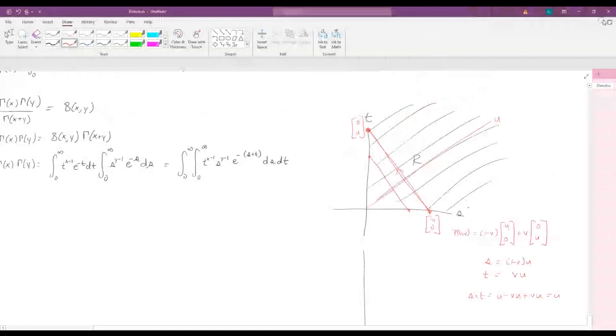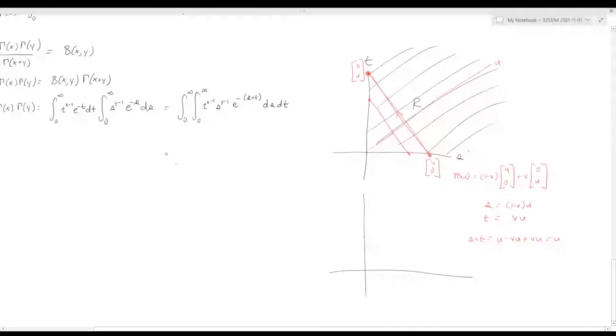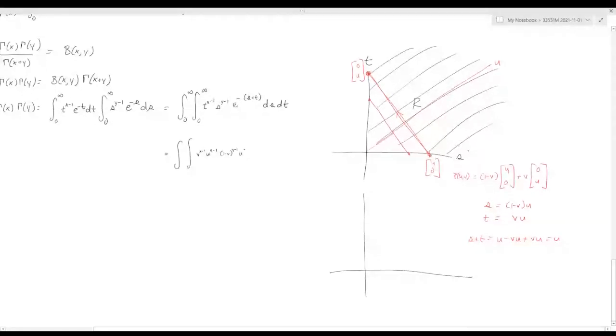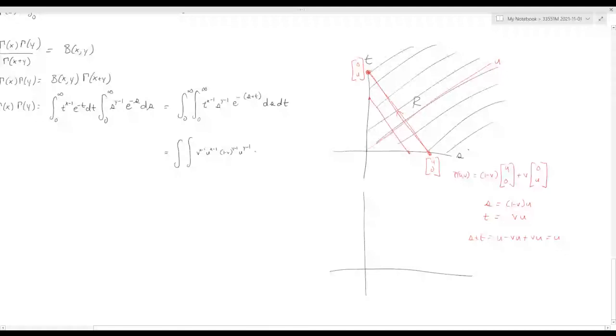Let's go ahead and integrate over some region. Now we can directly replace t with v times u. We can replace s with 1 minus v times u. And then s plus t becomes u.